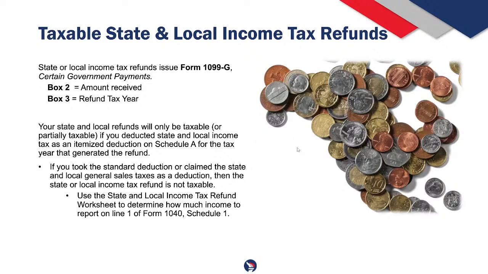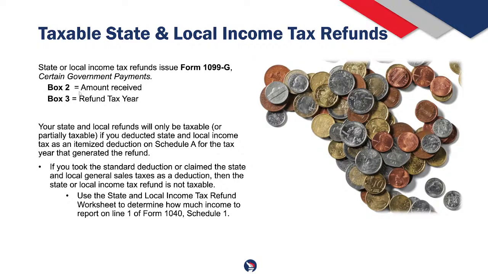Here's something that can happen. It doesn't happen as much because the Tax Cuts and Jobs Act moved the standard deductions up so high that it's actually hard to be able to deduct itemized deductions. So state or local income tax payments issue a Form 1099-G. It looks the same.